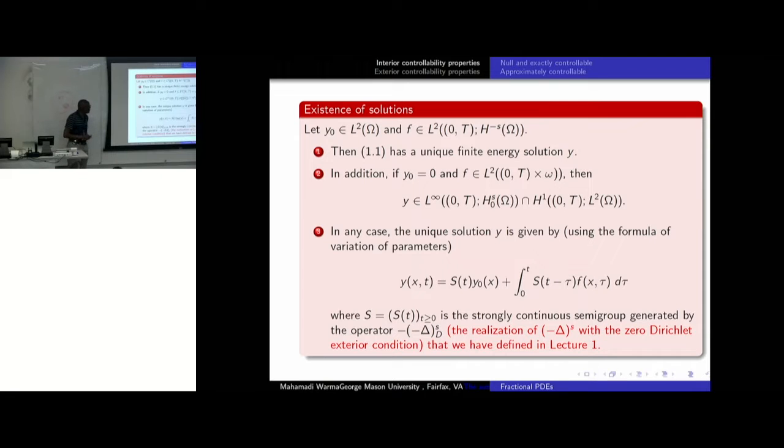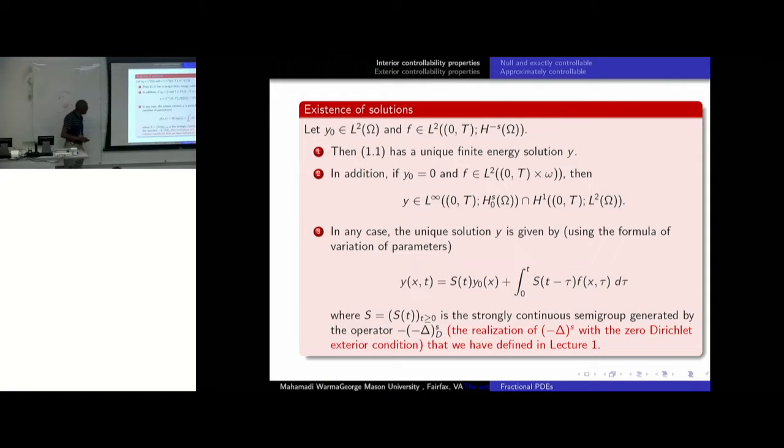Then one can prove that for any y0 in L2 and f with values in the dual, you always have a unique finite energy solution. Also, if the initial condition is 0, and f is in L2, the finite energy solution is nicer: it is in L infinity and also H1 in L2, such that we even have a strong solution for our problem.